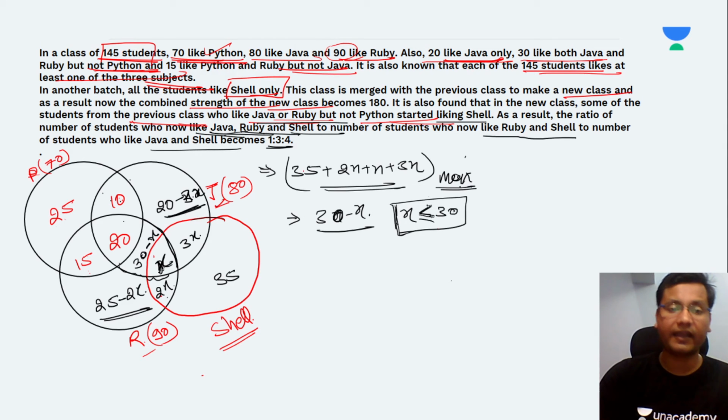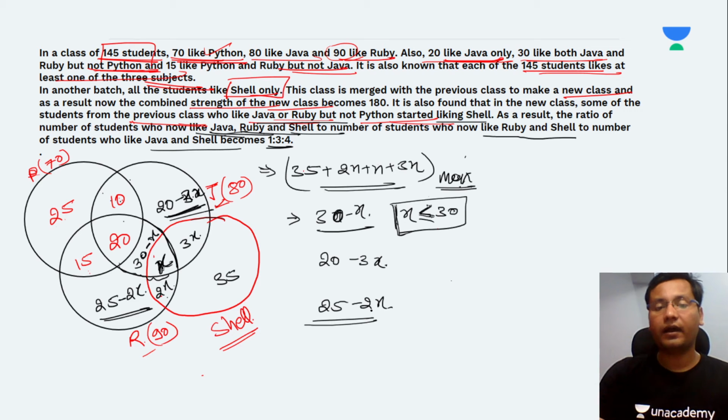Okay, now look at the second statement, that is 20 minus 3x. So this is 20 minus 3x, and we have the third equation, 25 minus 2x. So can I say if this is 20 minus 3x, that has to be greater than equal to 0. ठीक है, because I am saying कि ये integer होना चाहिए, positive भी होना चाहिए, right?